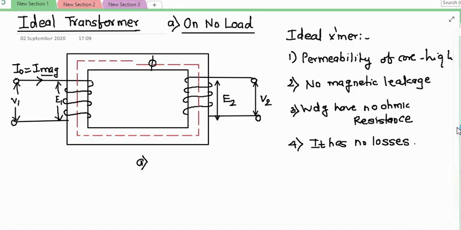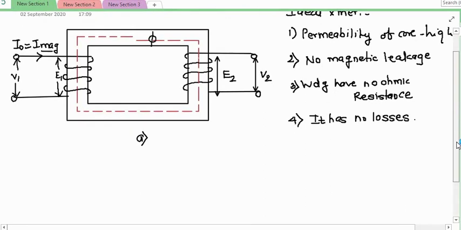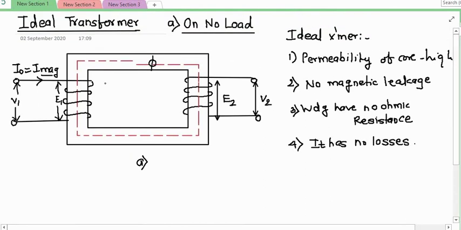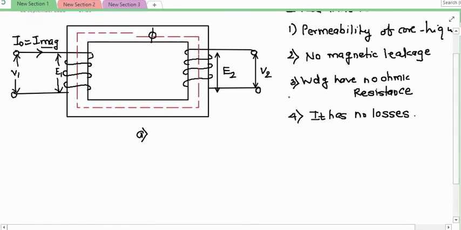So let us side by side draw the phasor diagram. What is the reference vector? What is the quantity which is applied to the primary winding? It is the voltage. So I have taken V1 as a reference vector.